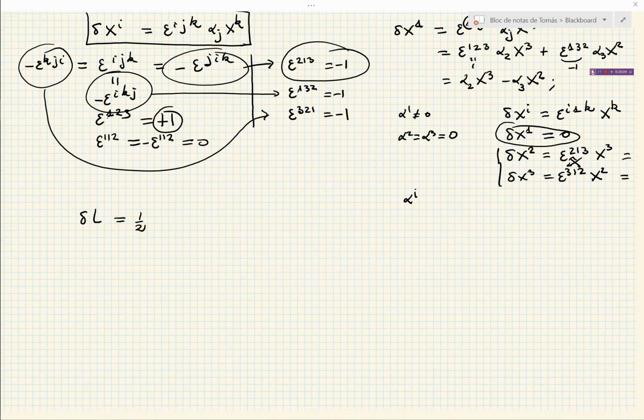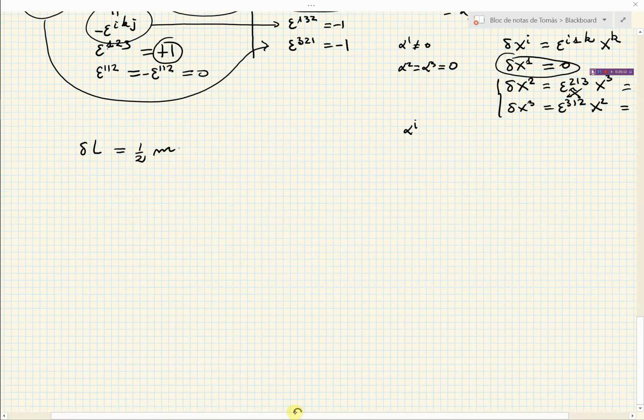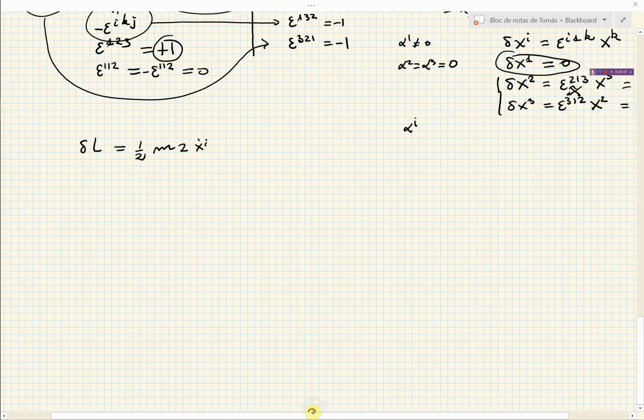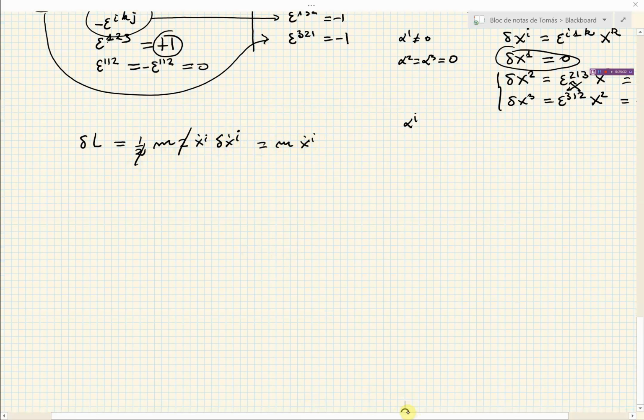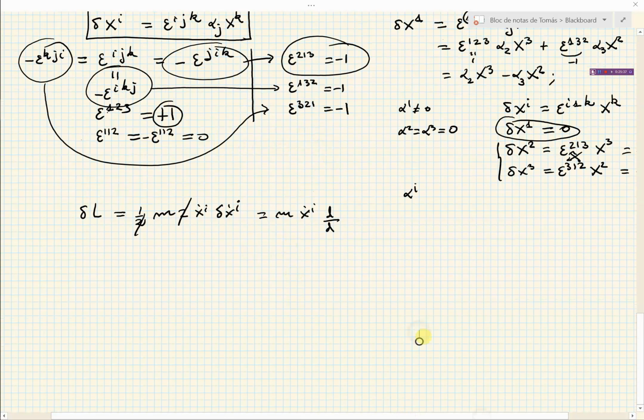This is 1/2, sorry, 1/2 m, and then I have 2 times x dot I delta x dot I. Now remember that the delta and the derivative with respect to time commute, so you have m x dot I and then the derivative of this delta xi, which is epsilon I j k alpha j xk.